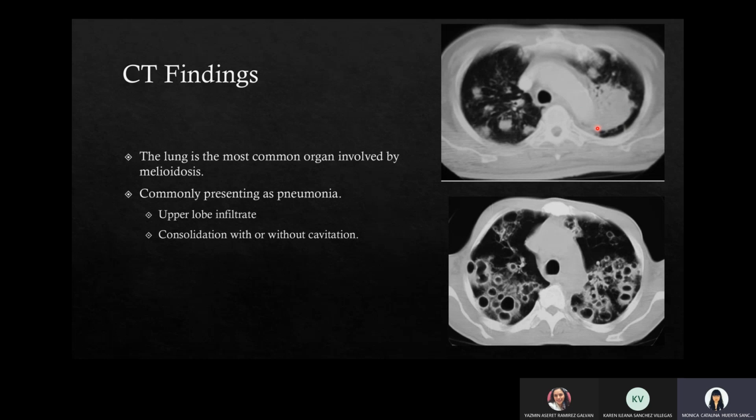Other findings can be seen on the plain radiographs or computed tomography that consist of multiple generalized nodularity with upper lobe predominance that can vary in size, that can enlarge, coalesce, or even cavitate, as we can see in the image down below. It is difficult to determine whether the lung consolidation is from a primary pneumonia or secondary to septicemia.